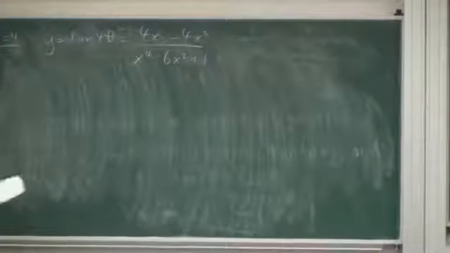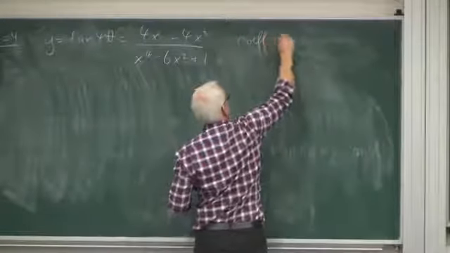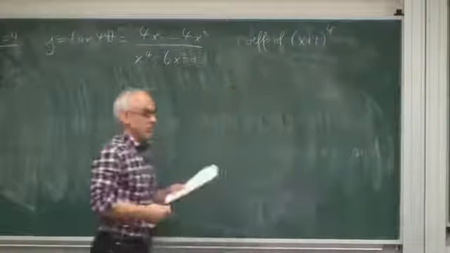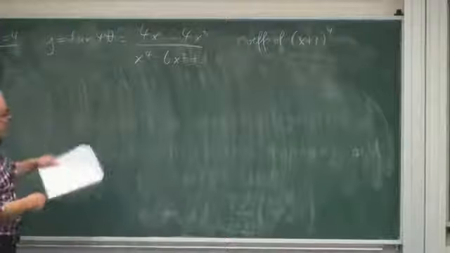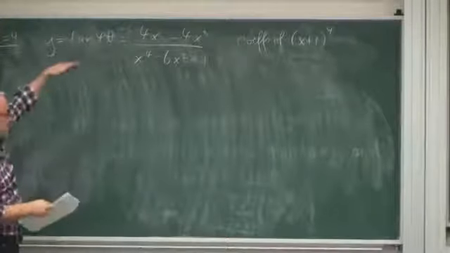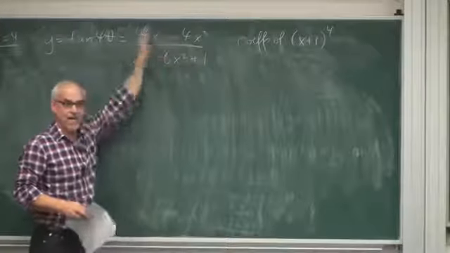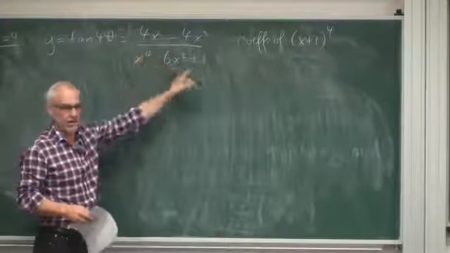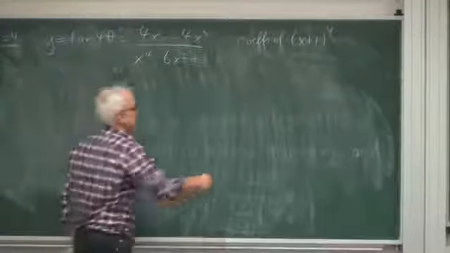And I've written it that way so that you can see that it's the coefficients of x plus 1 to the 4th, but sort of interspersed here, then here, then here, then here, then here, alternating up and down, with minus signs going across.